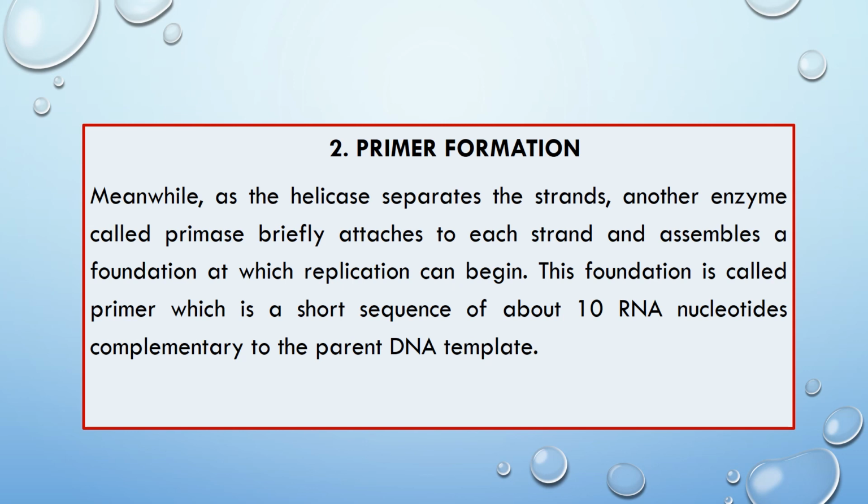As we have already studied, DNA polymerase 3 does not have the ability to start replication, so this enzyme primase will help DNA polymerase 3. It will start the replication and make a foundation, that is a small sequence of RNA nucleotides. This foundation is called a primer, which is a short sequence of about 10 RNA nucleotides complementary to the parental DNA template.